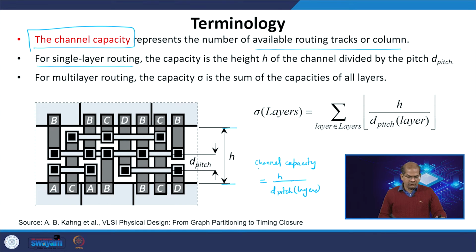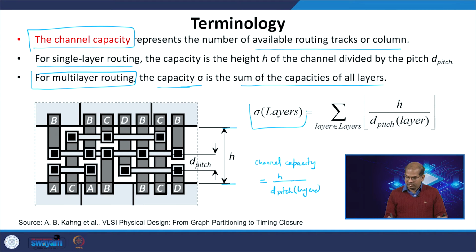But if I have multiple routing layers or multiple metal lines, then the capacity sigma is the sum of the capacities of all the layers. So the sigma over all the layers is summing all the capacities. This is the formula for single layer routing.